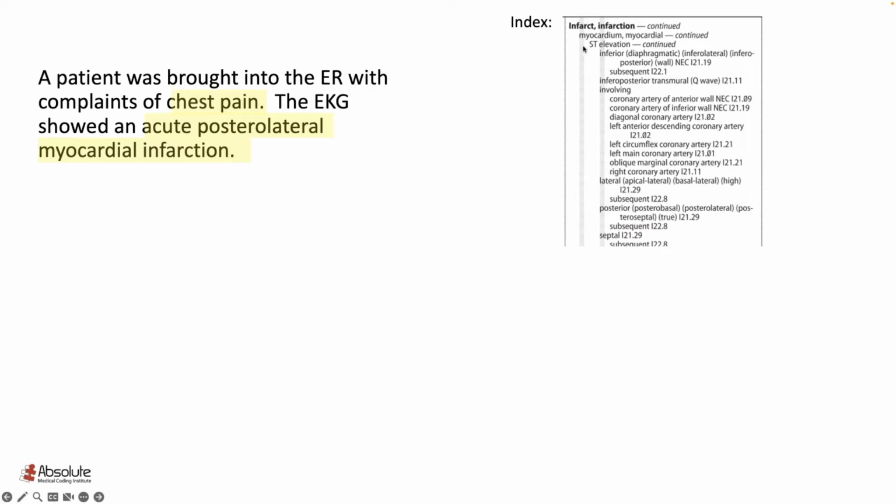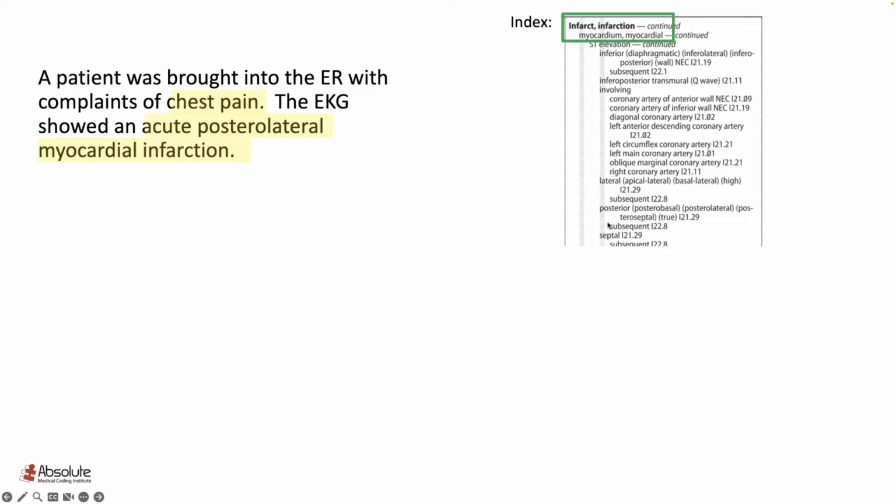That's where you go in the index. You go to the term infarction, and right underneath, you have the subterm myocardial. Then we're going down. There's more. We always look to see if there's more to the story.